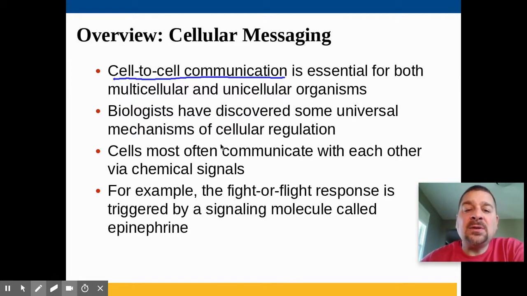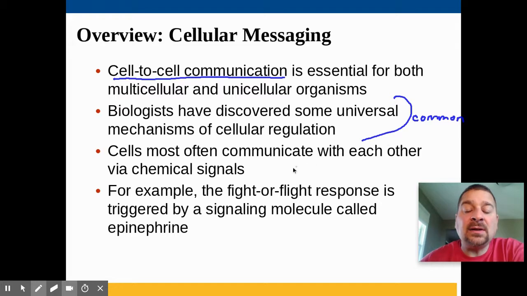Biologists have discovered some universal mechanisms of cell regulation. It's interesting that a lot of these things we'll talk about in the upcoming videos are very common in eukaryotes and prokaryotes, and are very common across different living things.